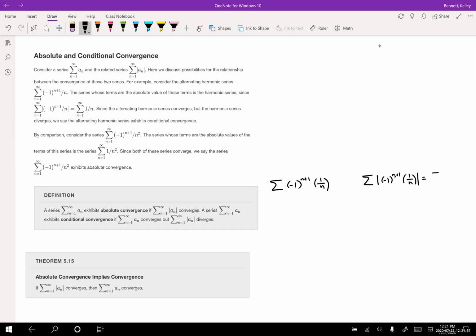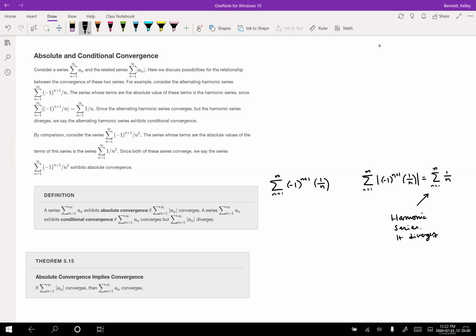So when I take the absolute value of that, it's just 1 over n. This is a harmonic series. And we know that it diverges.